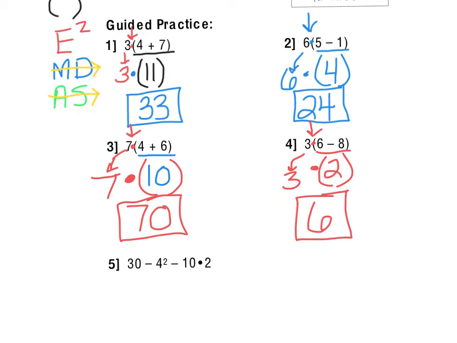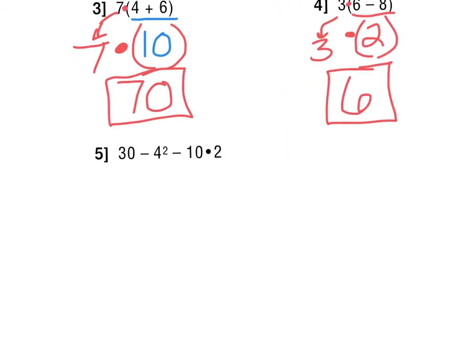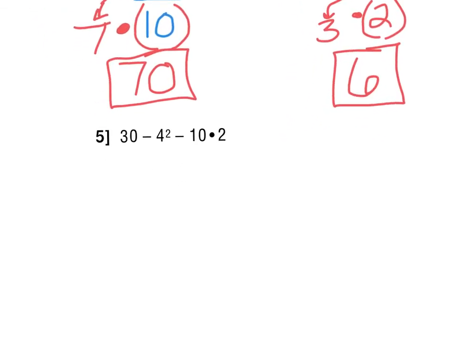All right, this last one here is just us practicing order of operations. Remember, we need to take care of parentheses first. We do not see parentheses, so we can go ahead and take care of our exponent here. So remember, 4 squared means 4 times 4, okay? So 4 times 4 is 16, okay?